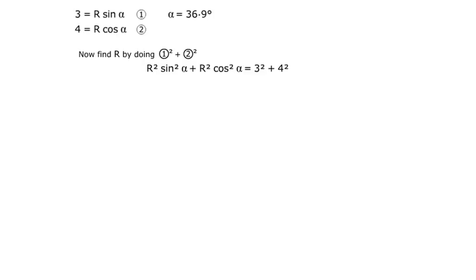Now that might seem a little bit odd to begin with, but in a minute you'll see why that's such a good idea. So I've squared them both and added them together. So the top one, 3 squared is 9, and then 4 squared is 16. But the right hand side, if we square those, we'll have r squared sine squared alpha and r squared cos squared alpha.